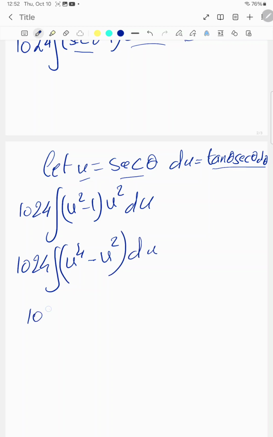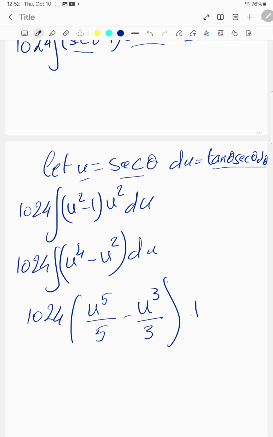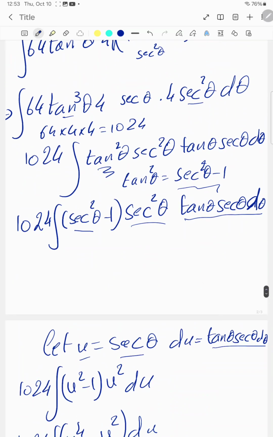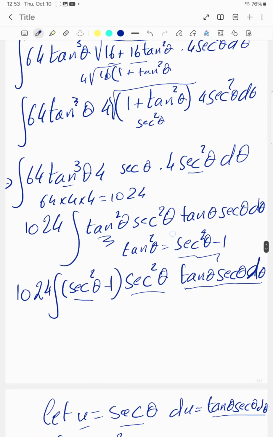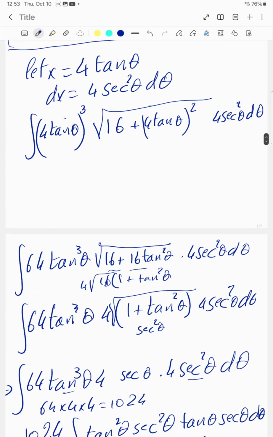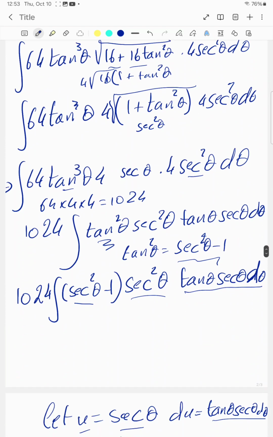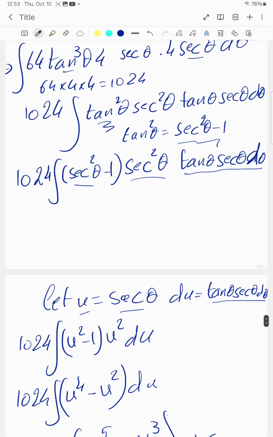And that's easy to solve. 1024, it becomes u to the power of 5 divided by 5 minus u to the power of 3 divided by 3 plus c. But here we said u is equal to sec theta. Where did we say let u equal sec theta? Here.